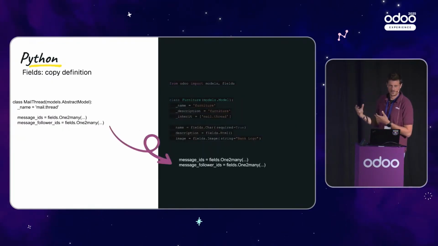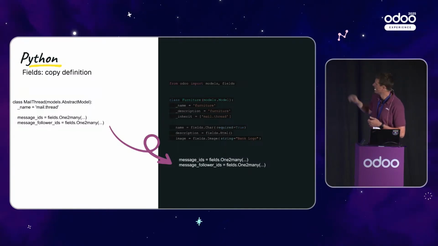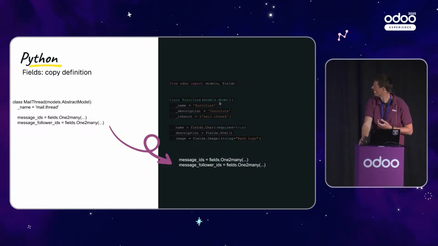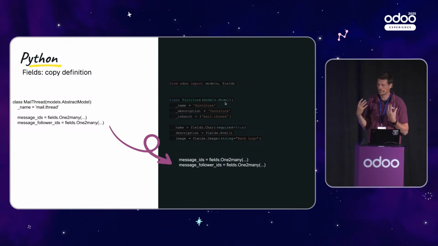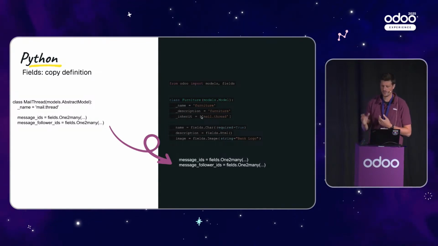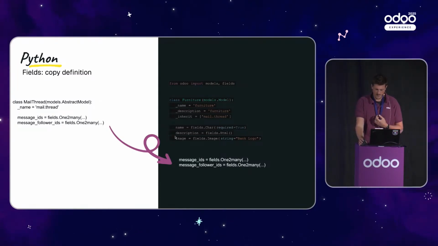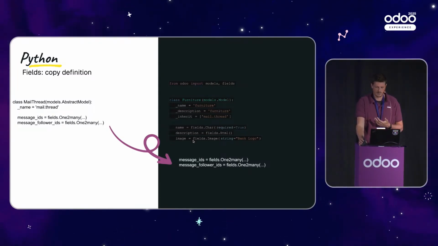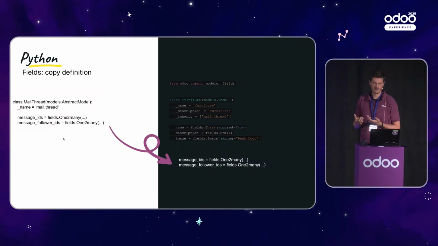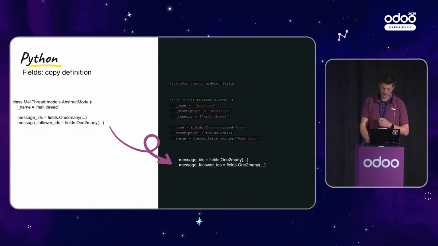Now I will inherit the previous model I just showed you, and here I create my new model. Here you see that it's correctly a models.Model, because it's a normal model. Here I really want to store the information. And what I add is just an _inherit. So I inherit the mail thread, and that means that I can add all the fields I want, but on top of these fields I will see the fields that we previously had in the mail thread model.